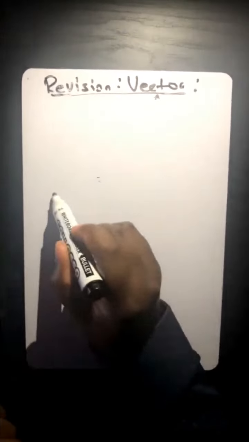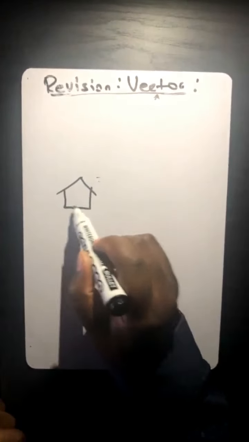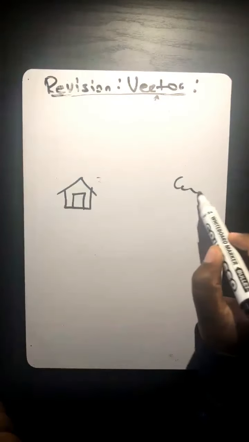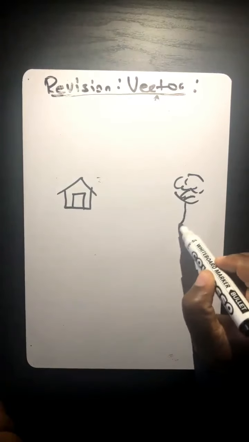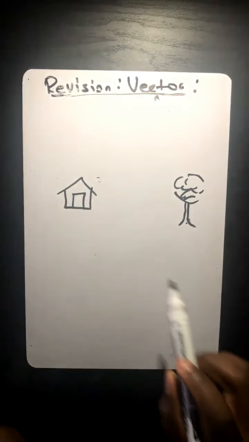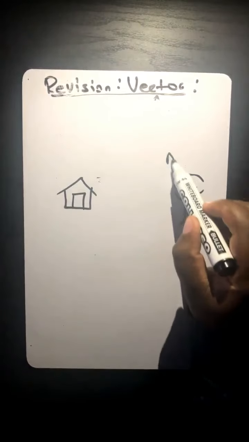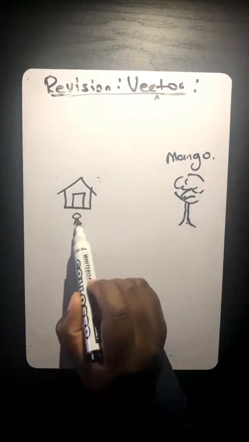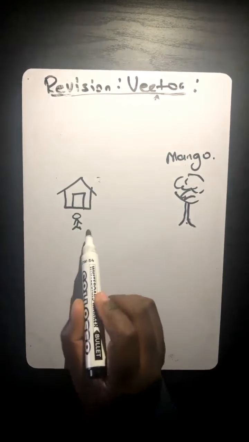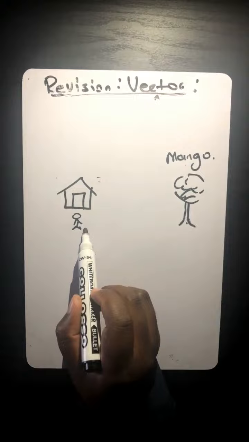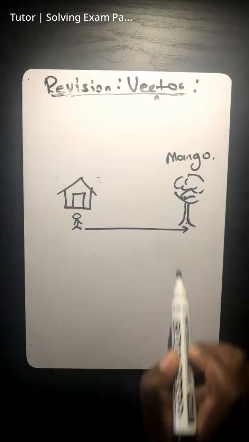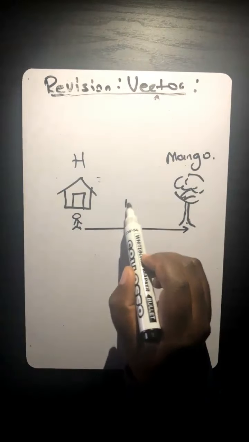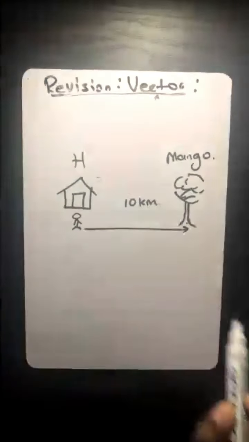So let's say this is your home, and let's say this is a tree. Let's say this is a mango tree. So this is you coming out of your home, and the distance between your house and the mango tree is, let's say, 10 kilometers.